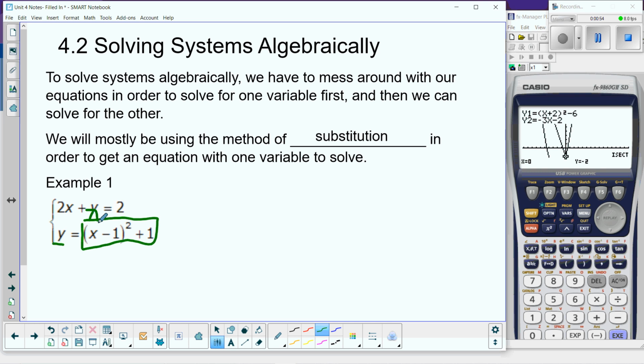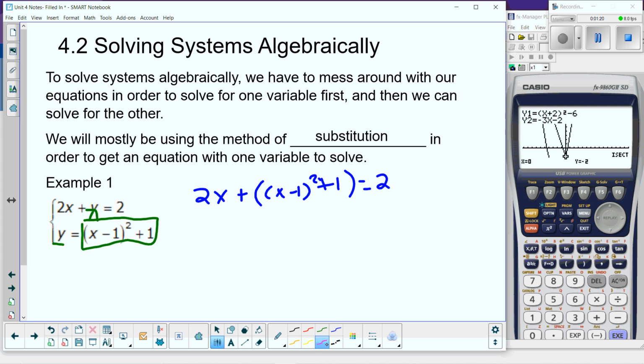So when we do that, we get 2x plus, still always use parentheses, so I'm putting my whole expression in parentheses: x minus 1 squared plus 1, close parentheses, equals 2.